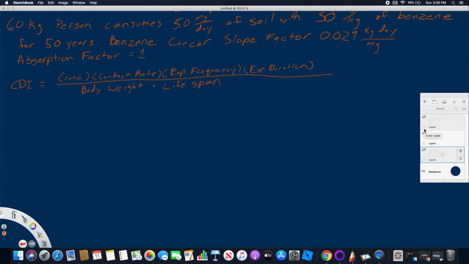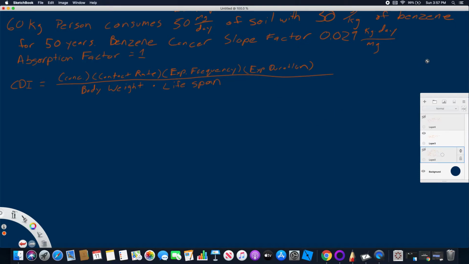In this case, we're talking about a cancer risk. We have a 60 kilogram person consuming 50 milligrams per day of soil. I know that sounds disgusting, but basically you do breathe in soil every day. It's just part of life.